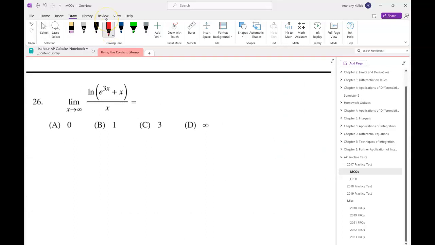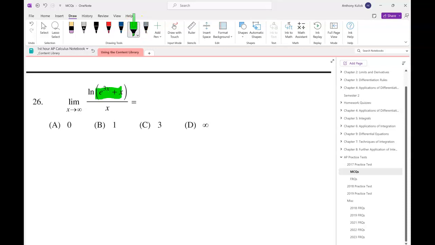26. So if you look at 26, if you try direct substitution, it would be indeterminate, right? You're going to get infinity over infinity. Here's what I'm looking at.